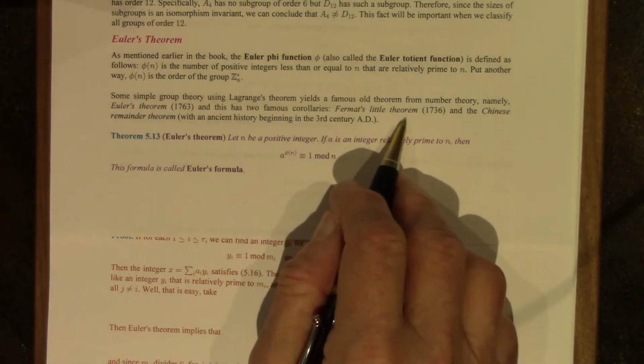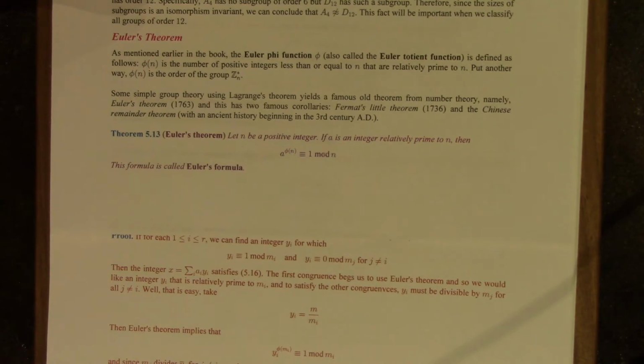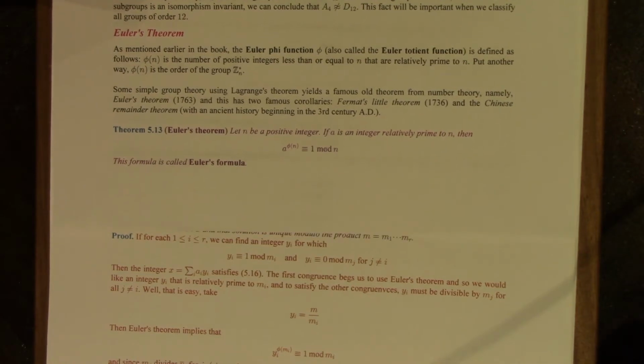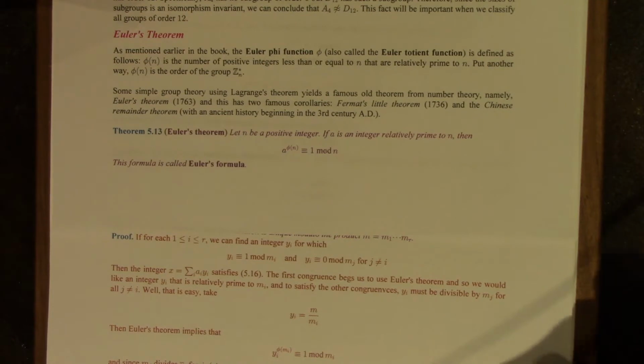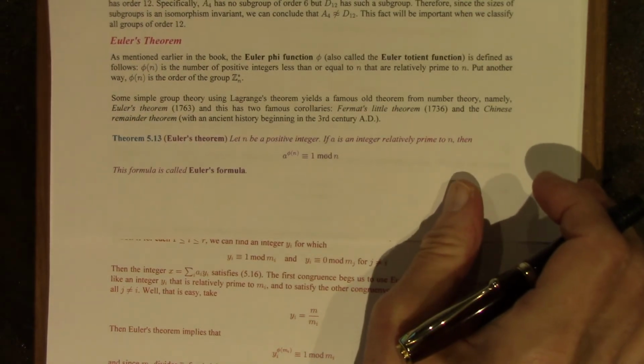Fermat's little theorem, 1736, and the Chinese remainder theorem, which has an ancient history dating back maybe to the beginning of the 3rd century AD. So this is, I guess you would say, an application of group theory to number theory.